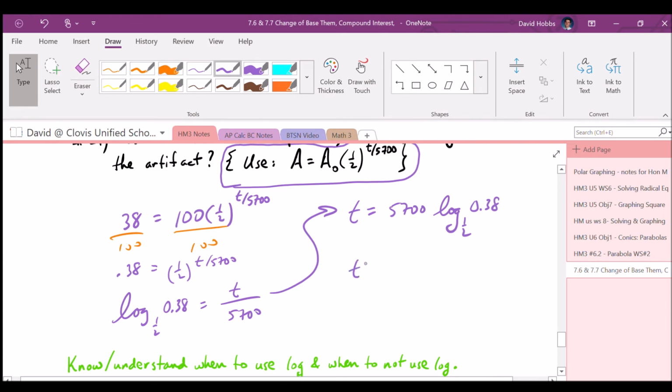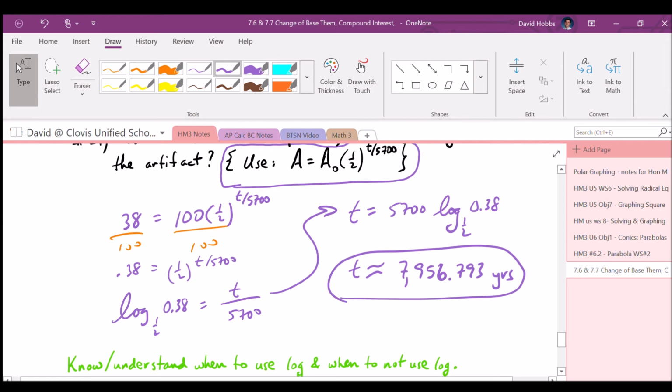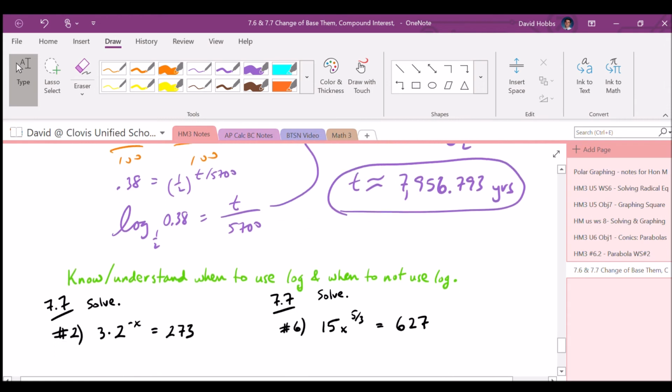If you plug that in, you should be getting approximately 7,956.793 years old. Kind of old. Okay. Now, logarithm is a wonderful tool.